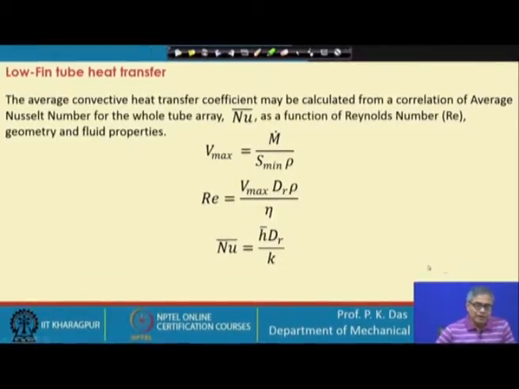The average convective heat transfer coefficient may be calculated from a correlation of the average Nusselt number of the whole tube array. The average Nusselt number, denoted by Nu bar, is a function of the Reynolds number and the geometry of the tube. Reynolds number, how are we going to calculate?